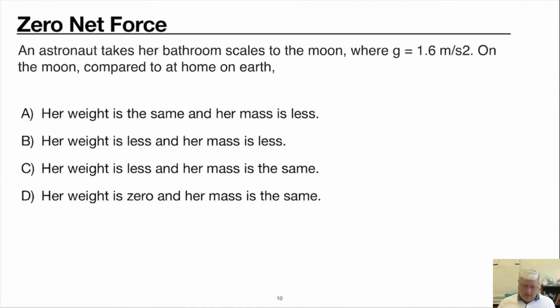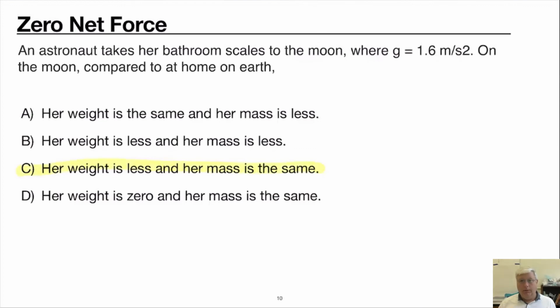And so right away you should be able to see that C and D are the only reasonable choices because mass doesn't change. Mass is a property of an object. It's the amount of matter in an object. So if she was identical when she left Earth to when she got on the moon, then her mass would be the same. But the correct response would be that her weight is less. It's not 0.